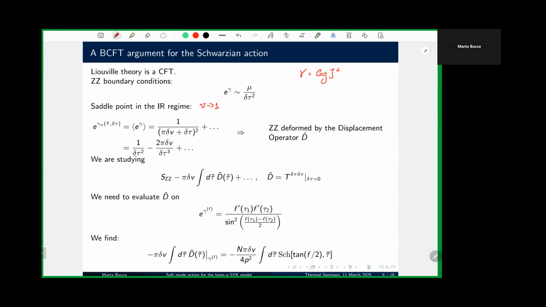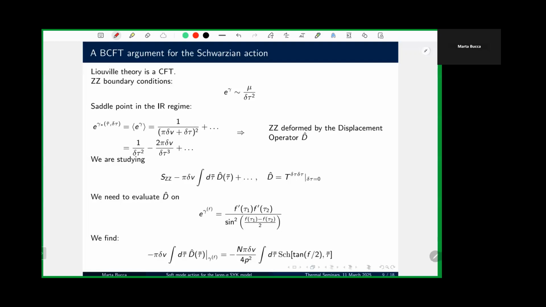And in particular, this operator turns out to be the displacement operator D hat. This is something that shows up in conformal field theories that have a boundary, because what's happening is that you're breaking translation invariance along the direction that is orthogonal to the boundary. So you can take the OPE for the stress energy tensor close to the boundary, and in this OPE, you find a scalar operator, and the scalar operator is your displacement operator.